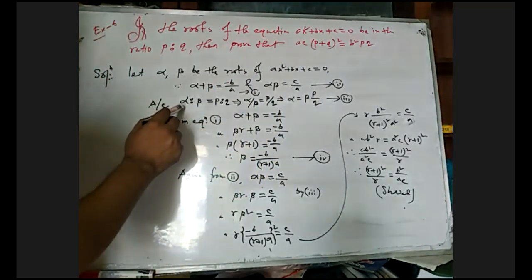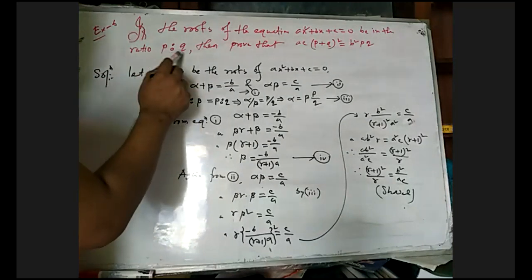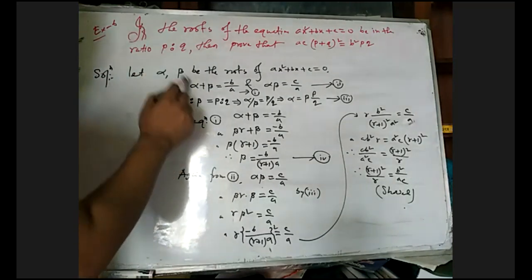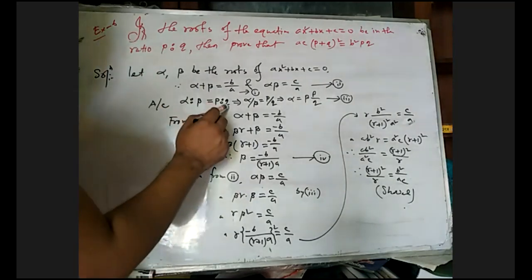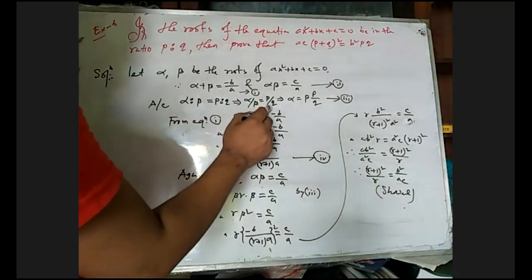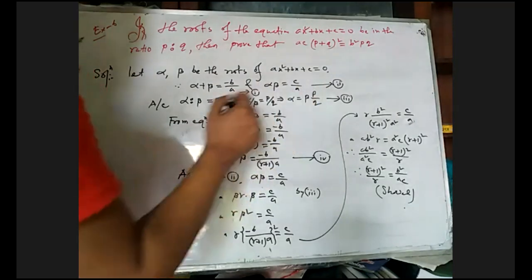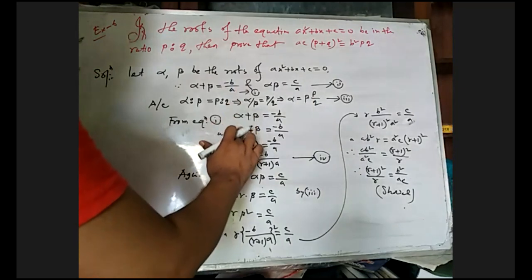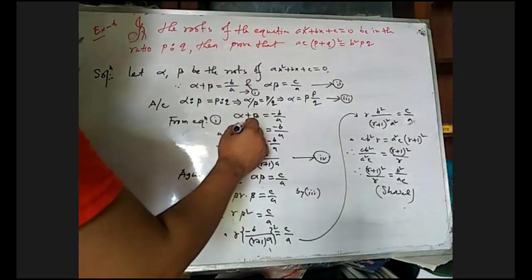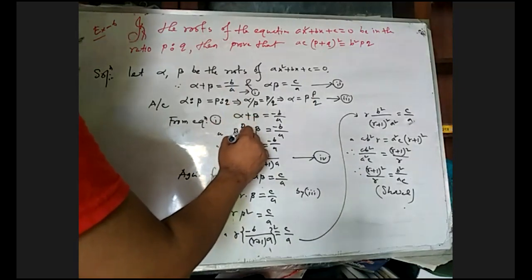Now the given condition is what? Alpha is to beta equals to p is to q. That means ratio of the roots equals to p is to q. So alpha by beta equals to p by q. Then you can write alpha equals to beta into p by q. Now from equation 1, actually we are putting alpha equals to beta into p by q.